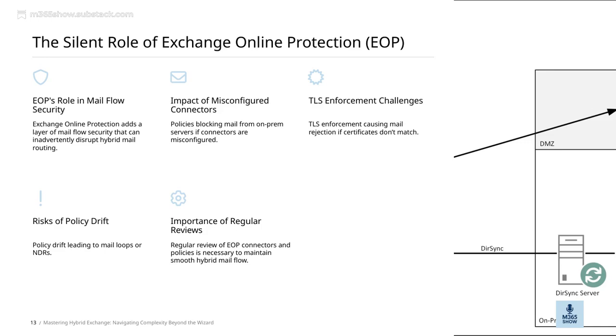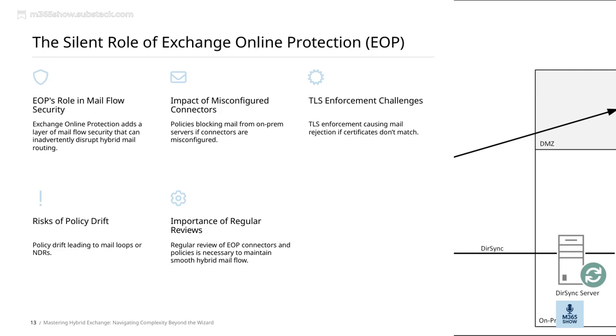Another important aspect is TLS enforcement. If your certificates don't match or are outdated, EOP might reject mail altogether, causing delays or failures. Managing TLS settings carefully is vital to avoid these problems. Misconfigured connectors on-premises can also trigger policies that block mail from your on-prem servers, impacting your hybrid mail flow.